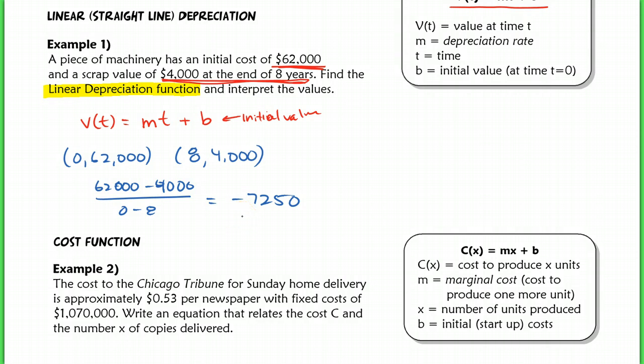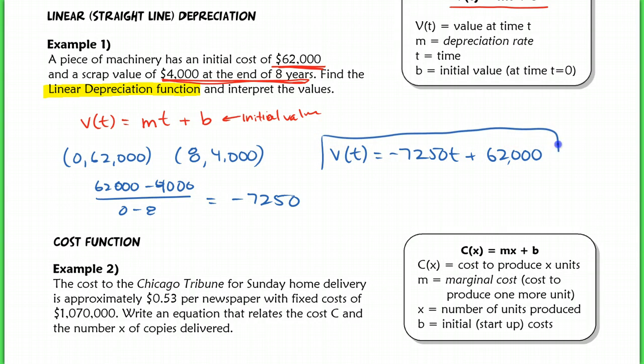Okay. So my function then, my value as a function of time is equal to negative 7,250 t plus the initial value 62,000. So this is the function that models this situation. And again, this represents your initial value when you first purchase that piece of machinery.